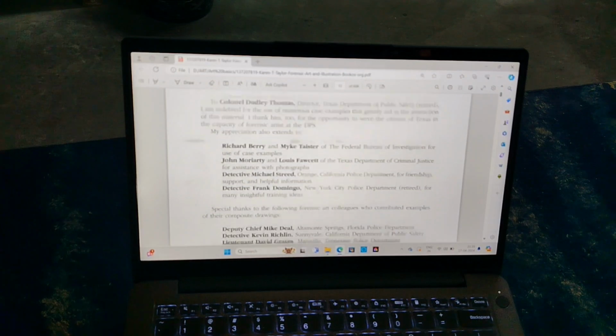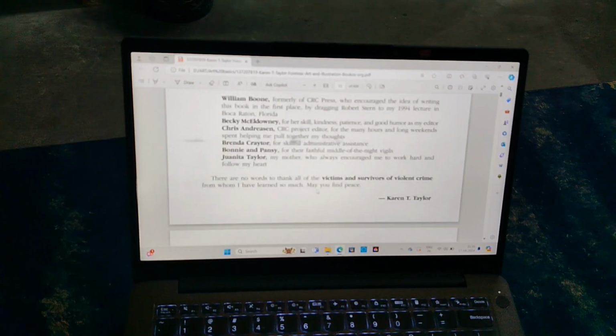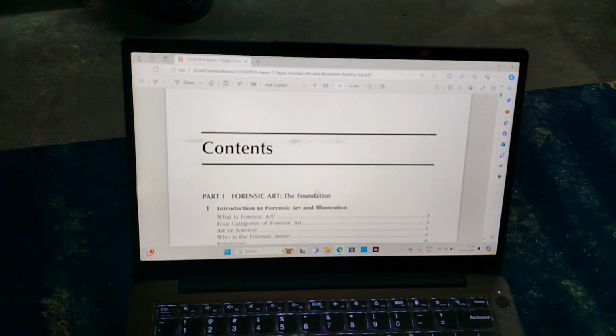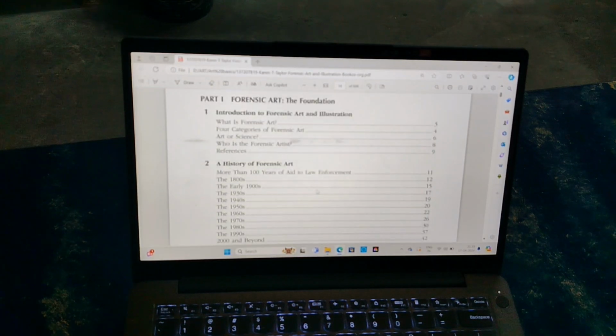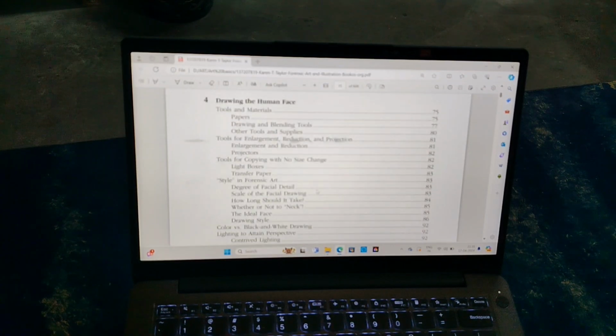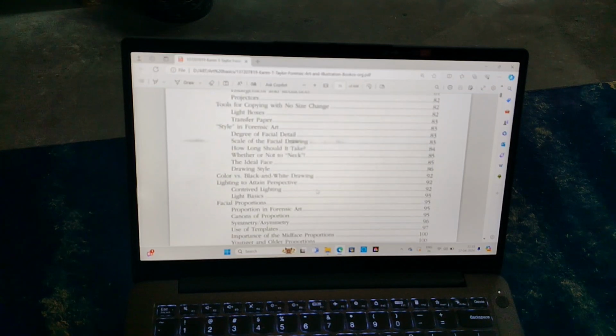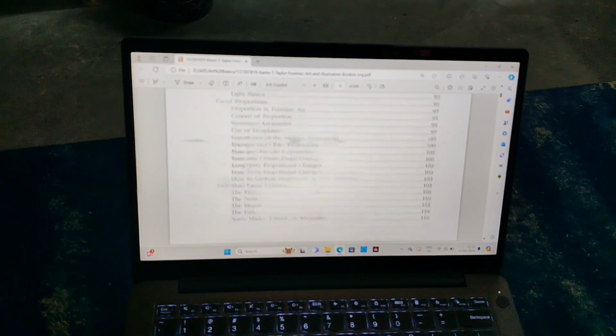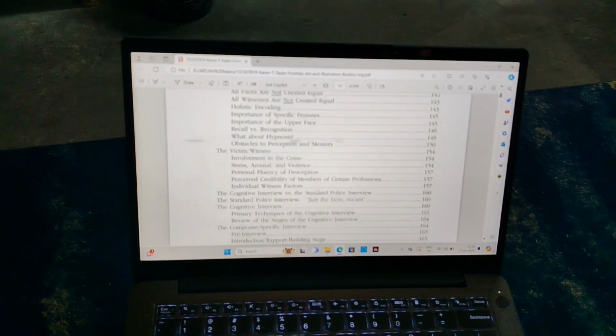So this is how exactly it starts. It talks about forensic art, something about identification and facial recognition. If in some investigation someone finds a skull, skull remains, how did the skull actually look like? So this book deals all about that.